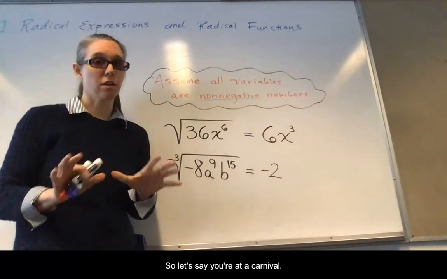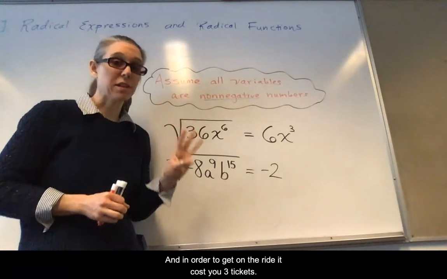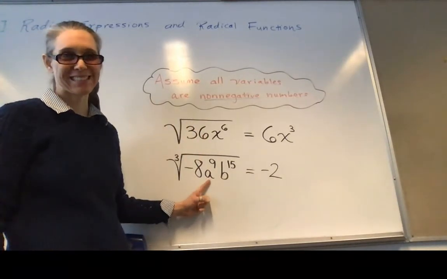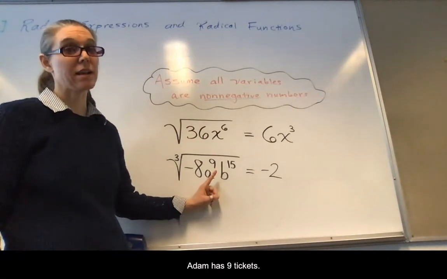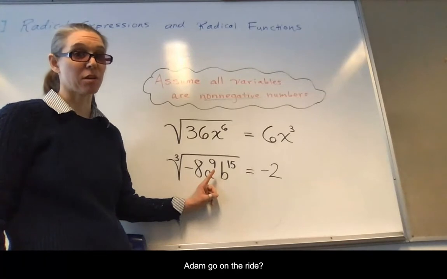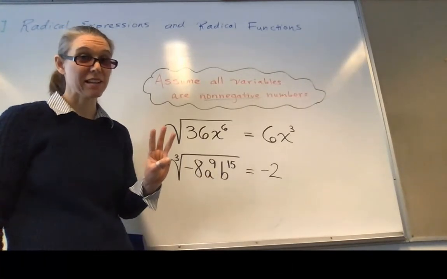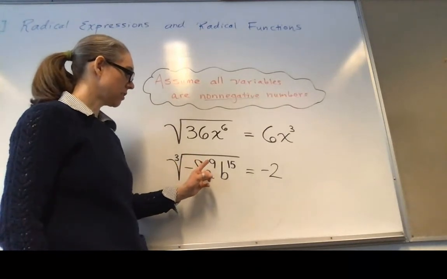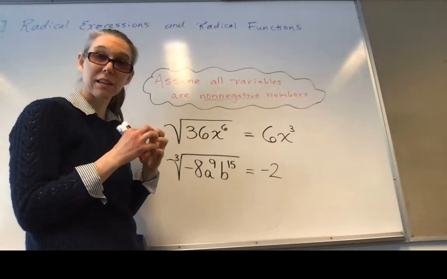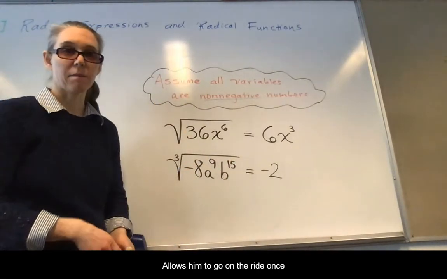Let's say you're at a carnival, and in order to get on the ride, it costs you 3 tickets. Now A, we'll call him Adam, has 9 tickets. How many times can Adam go on the ride? He can go on the ride 3 times, right? Because those 9 tickets have to be bundled into groups of 3, and each bundle of 3 allows him to go on the ride once.